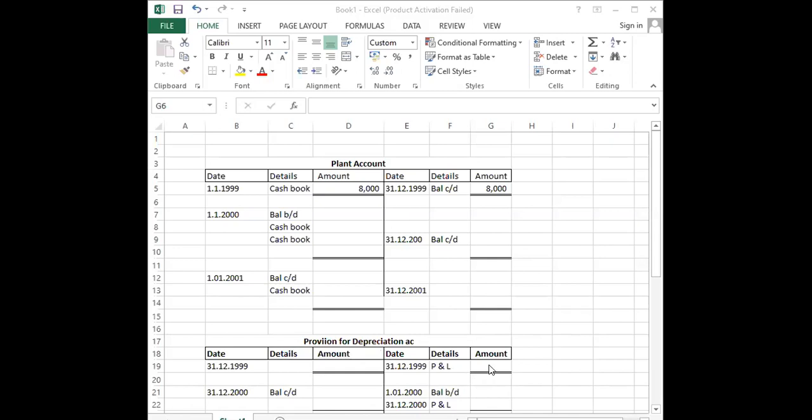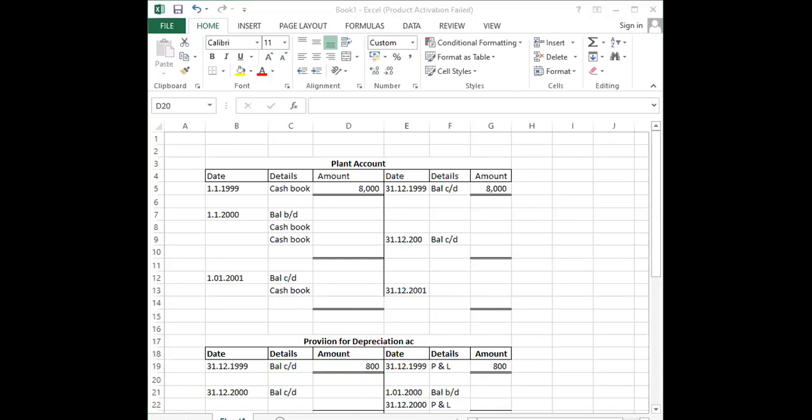Here, in this provision, we must write 800 and take it to the P and L, the profit and loss, at 31st December 1999. And therefore, we expect that the balance carried down here at the end of that year will be 800.